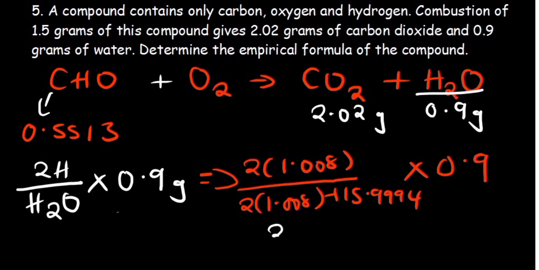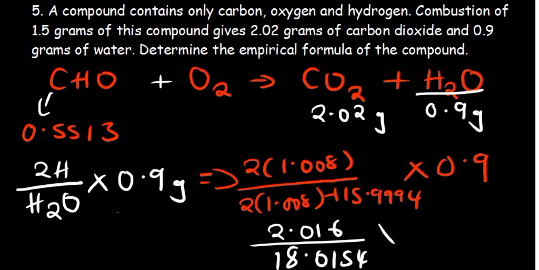So approximately what we have is 2.016 over, so 2 by 1.008 gives us what? Plus 15.994. We have 18.0154 multiplied by 0.9.